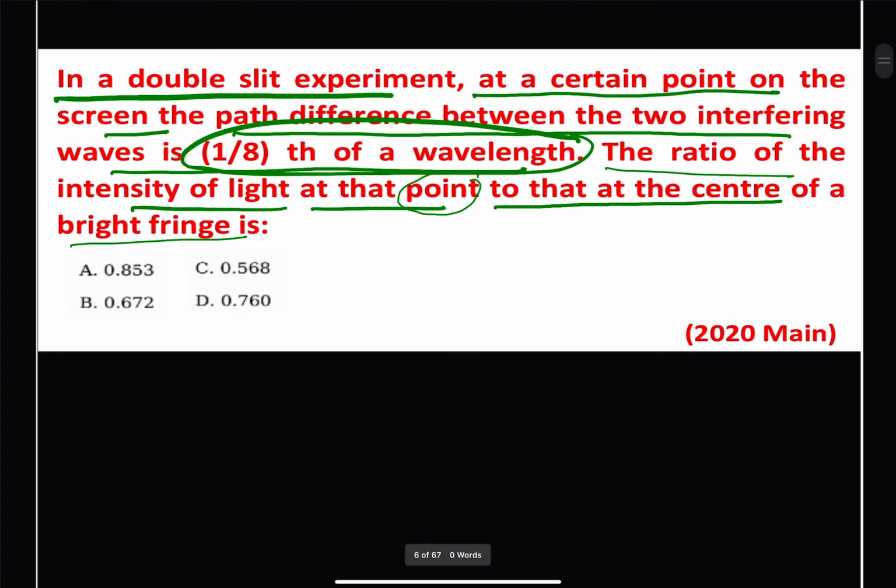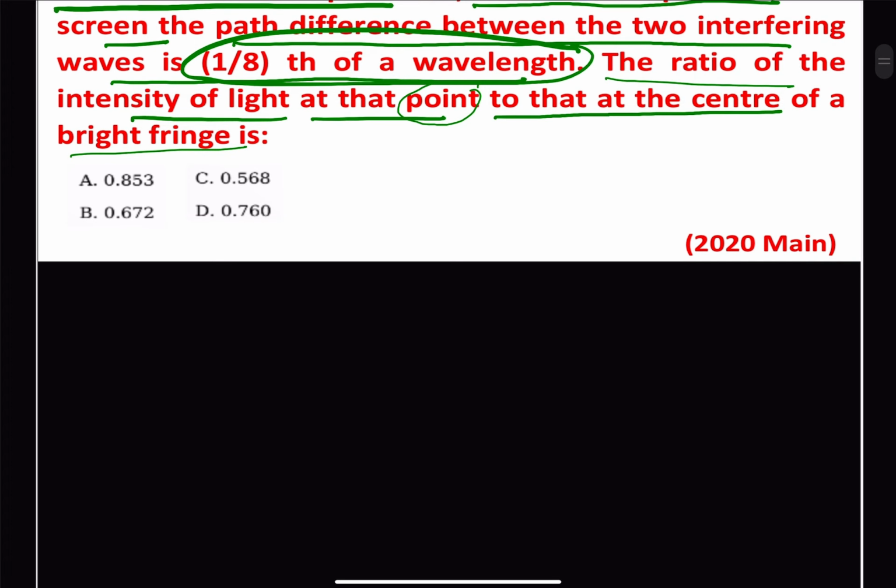So here also we can just draw an approximate figure. So this is our screen. We have two slits. This is our S1 and this is S2. This is the center of the bright fringe, and here we know that the formula for intensity is I equal to I naught cos square of delta phi by 2.